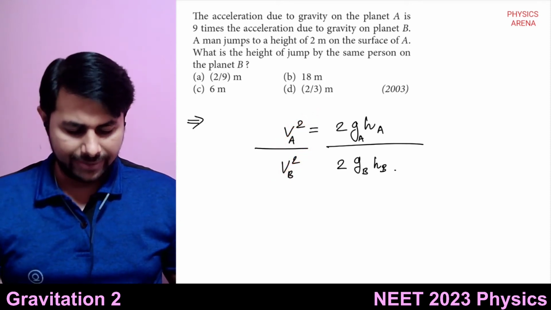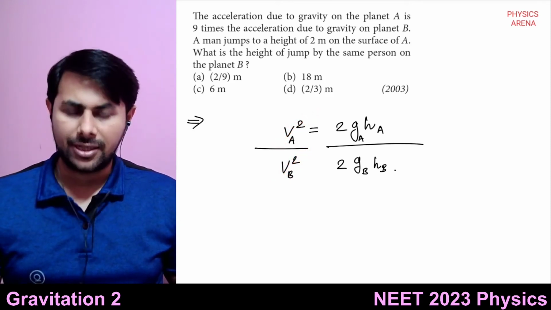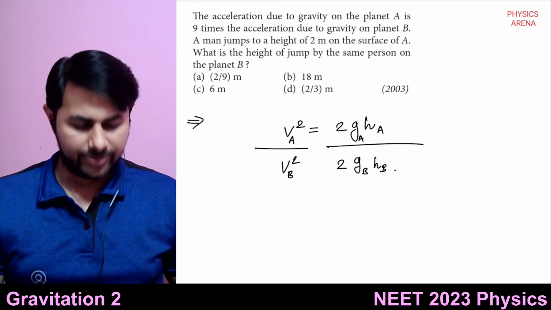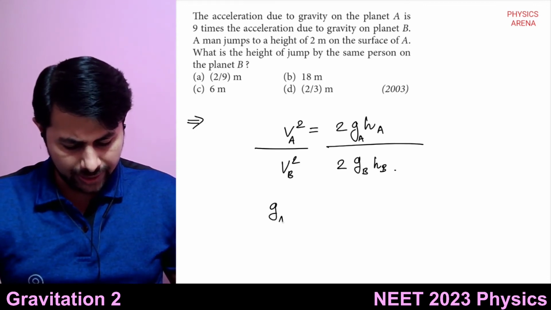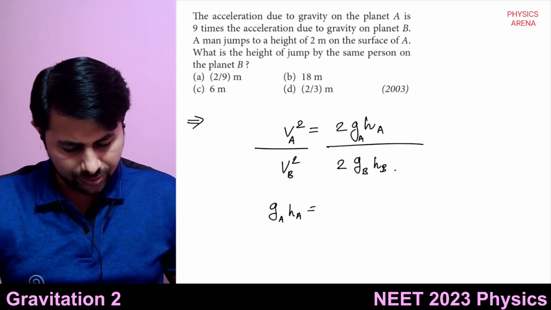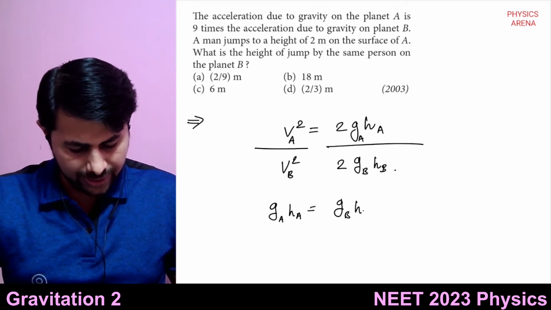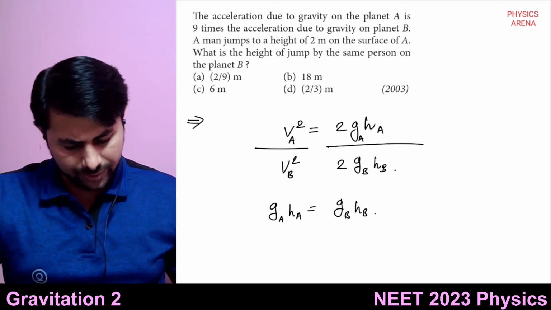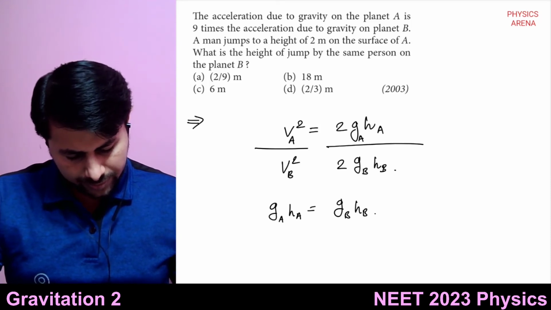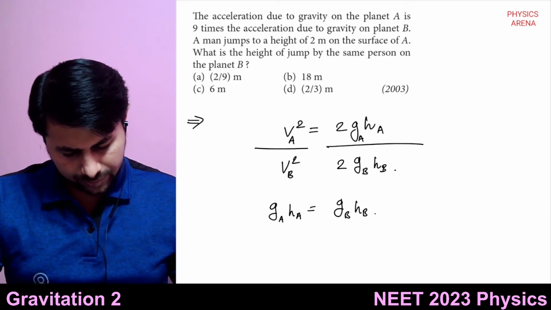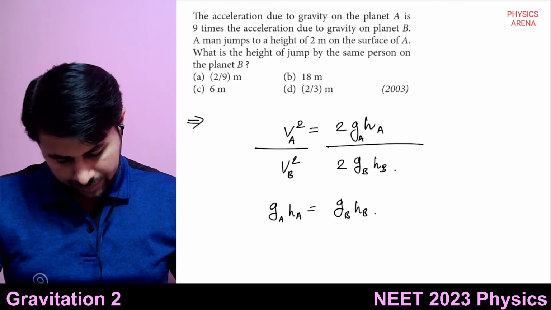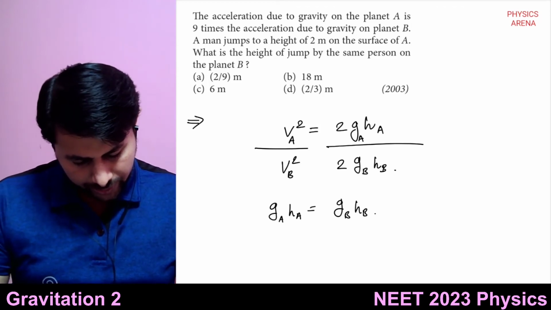We can write 2 times g A h A is equal to 2 times g B h B, or g A h A is equal to g B h B. So what will be the answer?